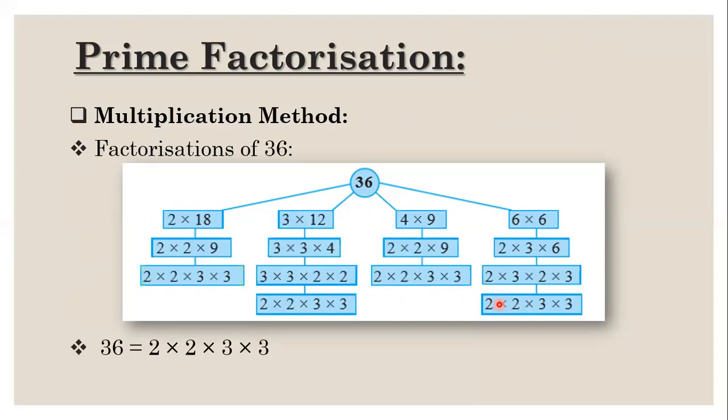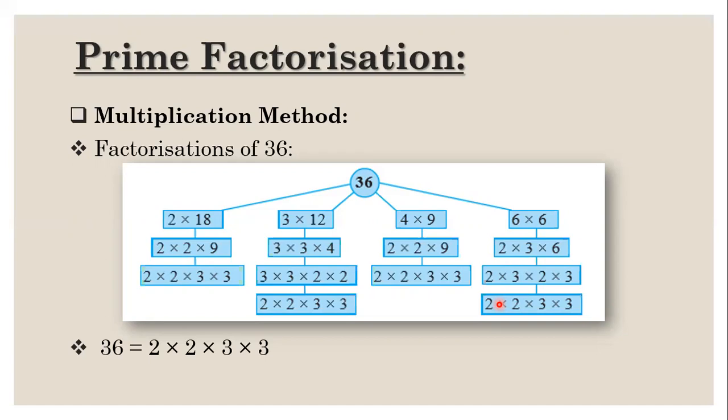You should learn the prime numbers between 1 and 100: 2, 3, 5, 7, 11, 13, 17, 19, and it continues like that. And when we factorize a number into its prime factors, it is called prime factorization.